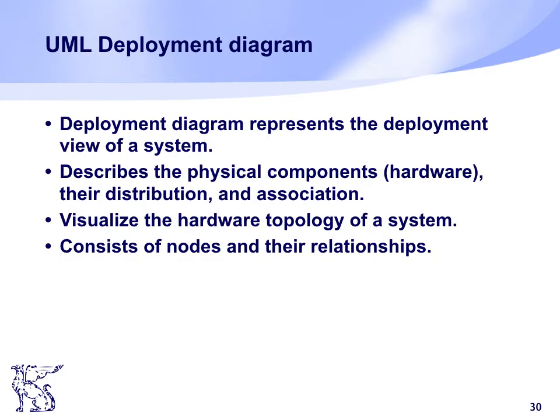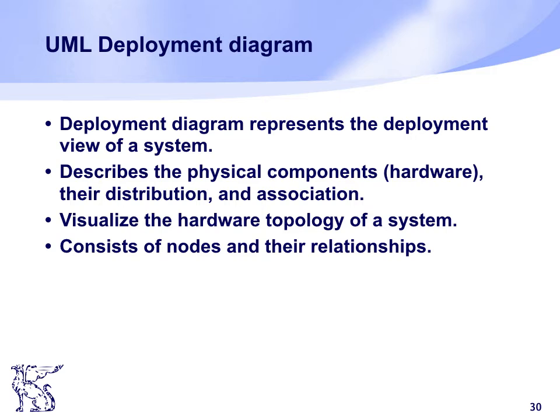Now we will discuss the UML deployment diagram. Deployment diagrams are typically used to visualize the physical hardware and software of a system. It's mainly used by system engineers, for understanding how the system will be physically deployed on the hardware.